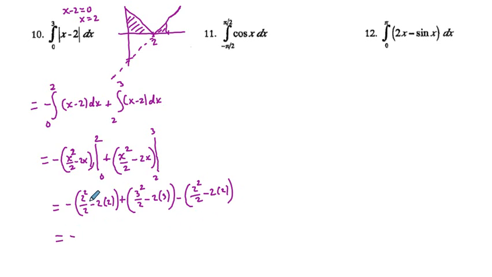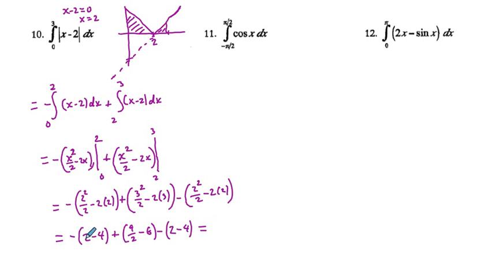So we're going to have negative, in parentheses, 4 divided by 2, which is 2, minus 4, plus 9 halves minus 6, minus 4 over 2, or 2, minus 4. You're just working to the right here.